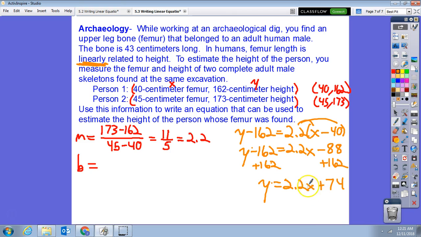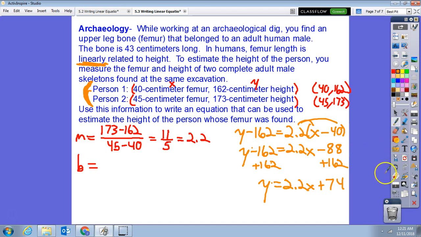That's probably going to be some major issues. But that's what that means. Remember, we talked about this on the problem earlier, that this 43 centimeters that we're about to find is okay to plug in here. But 0 is outside of these two people being my two endpoints that I used.